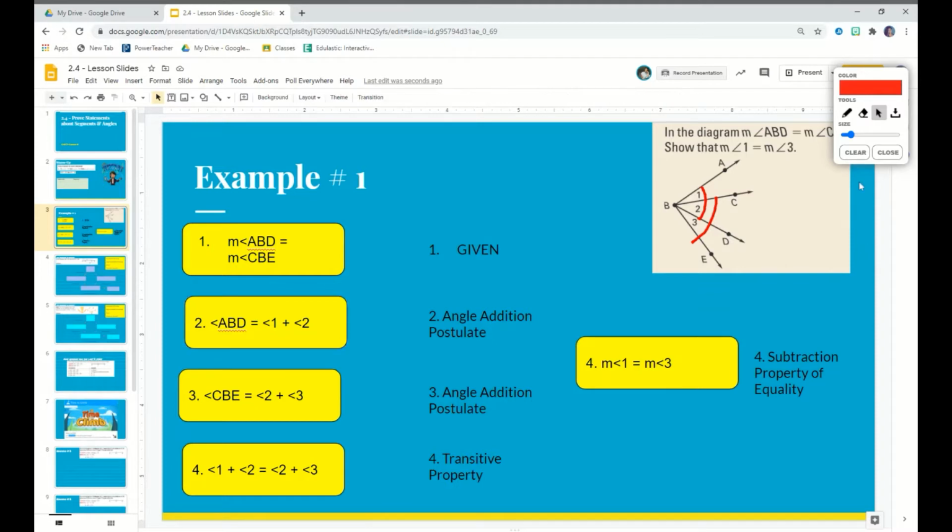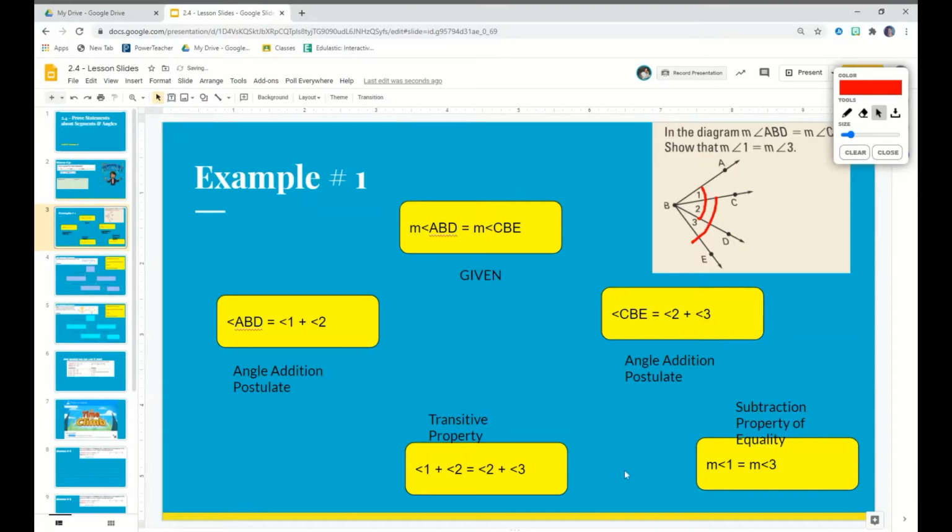So again, this is the same proof, but I've now organized it as a T-chart. And the way you would read this is, if you were to do an if-then statement, this would be the if.